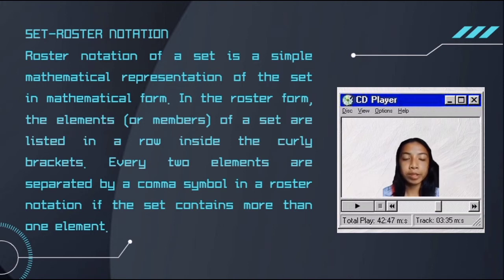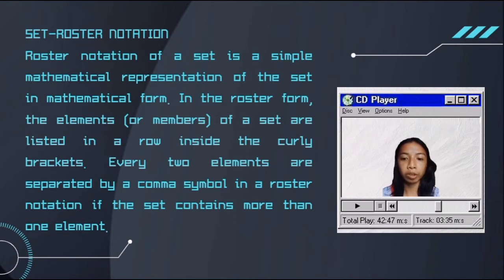Roster notation of a set is a simple mathematical representation of the set in mathematical form. In the roster form, the elements or members of a set are listed in a row inside the curly brackets. If the set contains more than one element, then every two elements are separated by a comma.